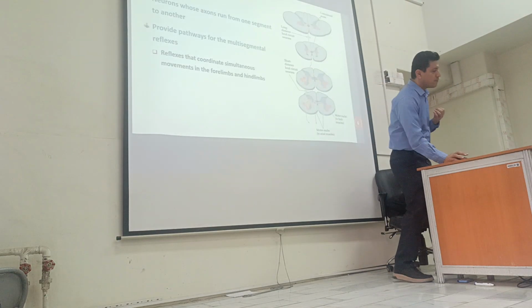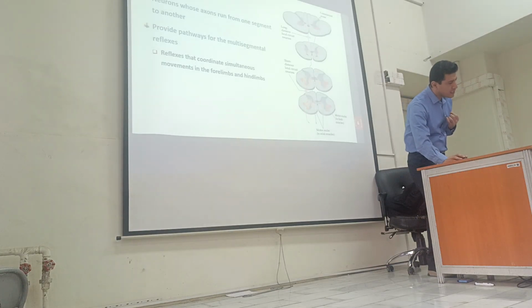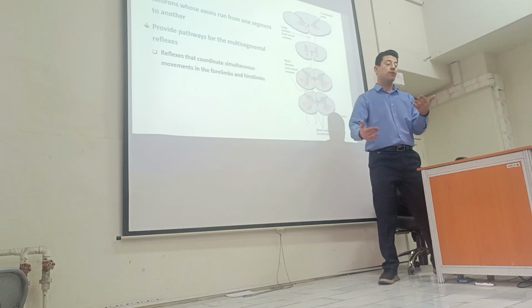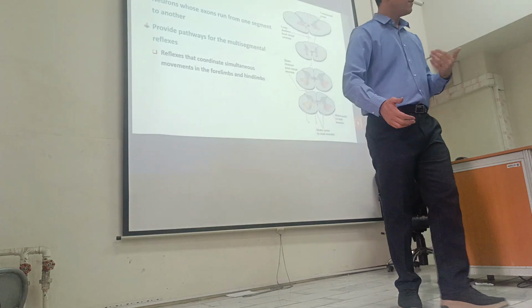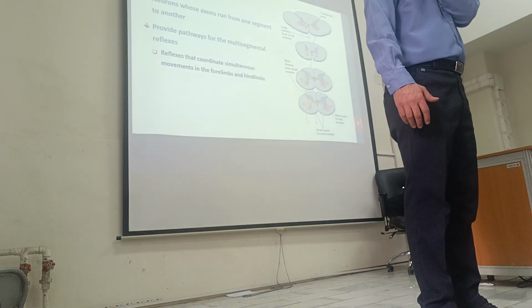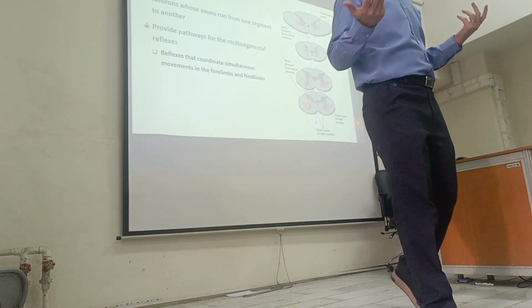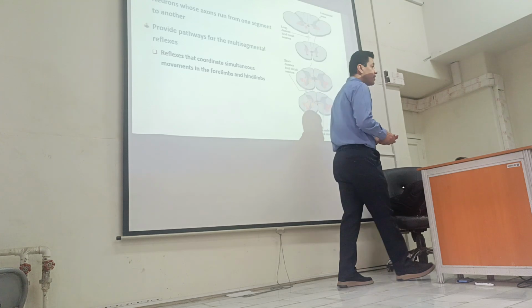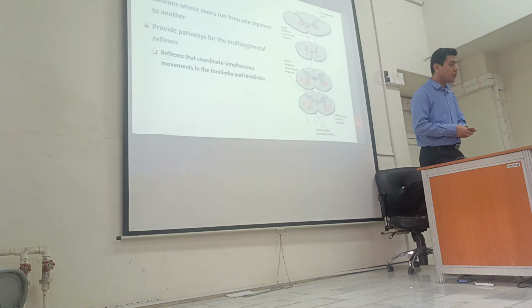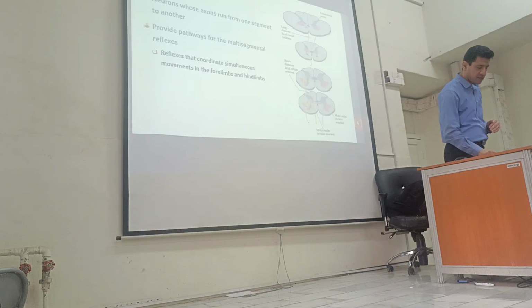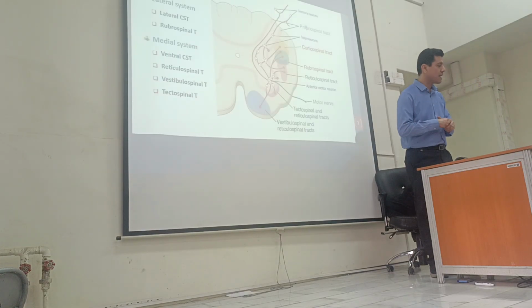But propriospinal neurons that are located medially go up and down for several segments and make connections with alpha motor neurons that are located medially for coordination of movements in the proximal part of the arm and in trunk and axial muscles, right? So this is propriospinal organization. So they are for connection of several segments. We will see this in other slides again.